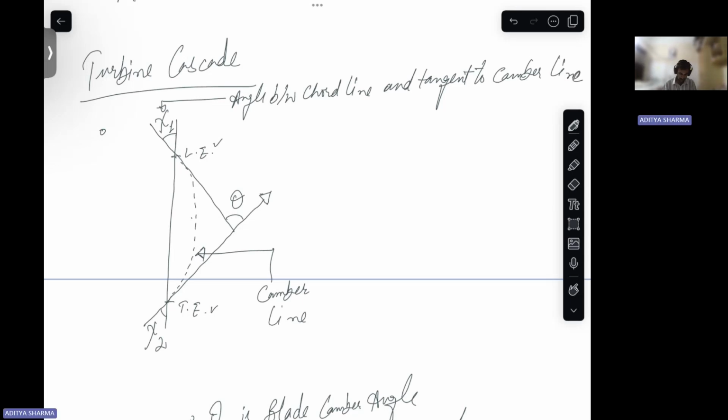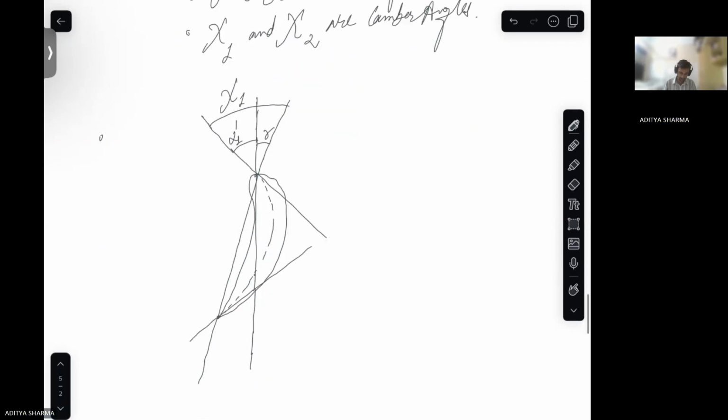But because here your vertical line, the axial direction line, and the chord line are the same, there might be confusion. The confusion can arise that it is with the vertical line or the axial direction line, but it is not; it is the chord line and the tangent to the camber line.